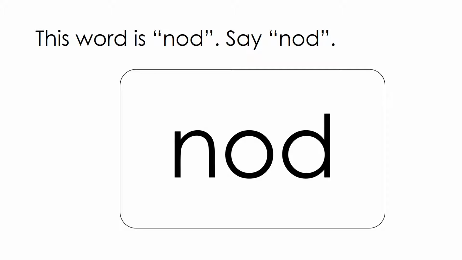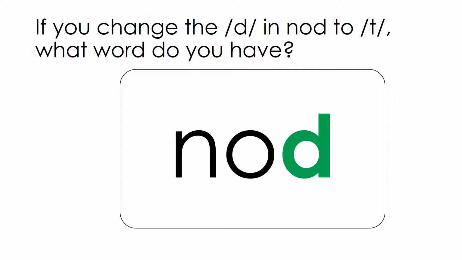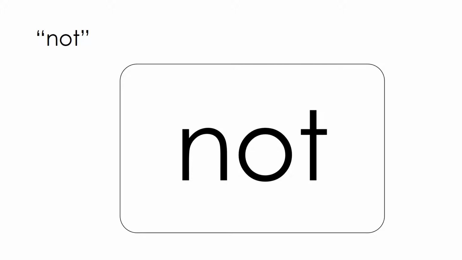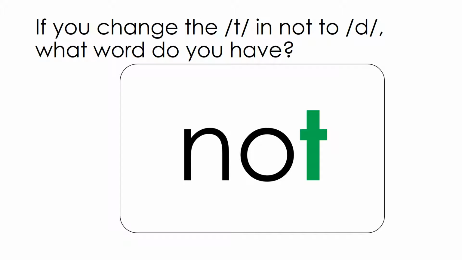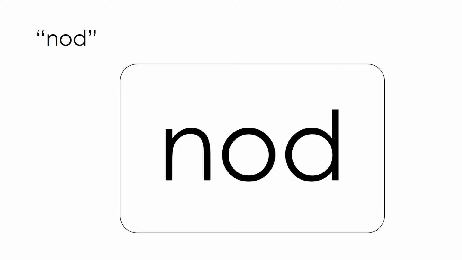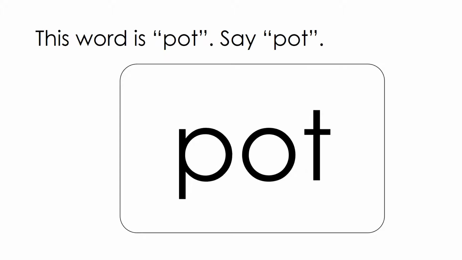This word is nod. Say nod. If you change the D in nod to T, what word do you have? Not. If you change the T in not to D, what word do you have? Nod. This word is pot. Say pot.